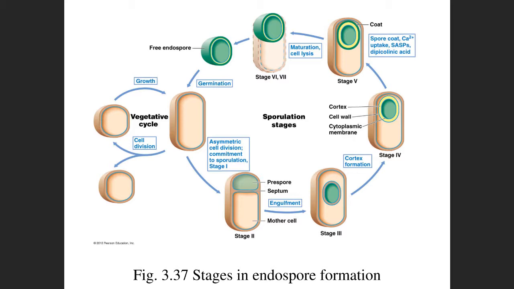And so this is the vegetative cell cycle, which goes from one cell to two cells and just keeps cycling. But when conditions are bad, meaning when nutrients run out, they don't want to die, so what do they do? Well, they start making an endospore.